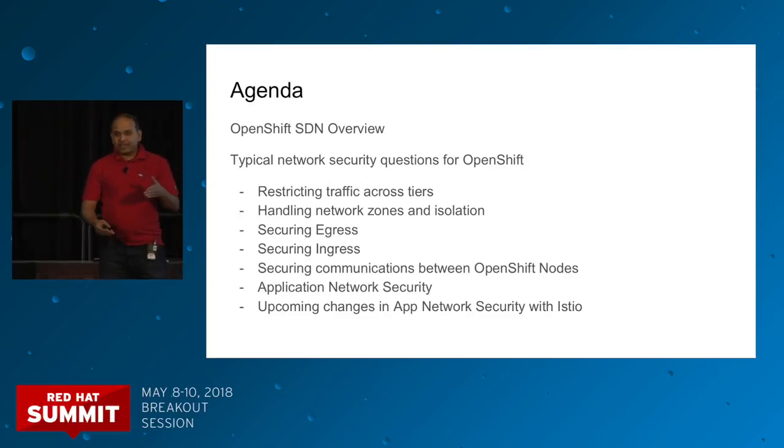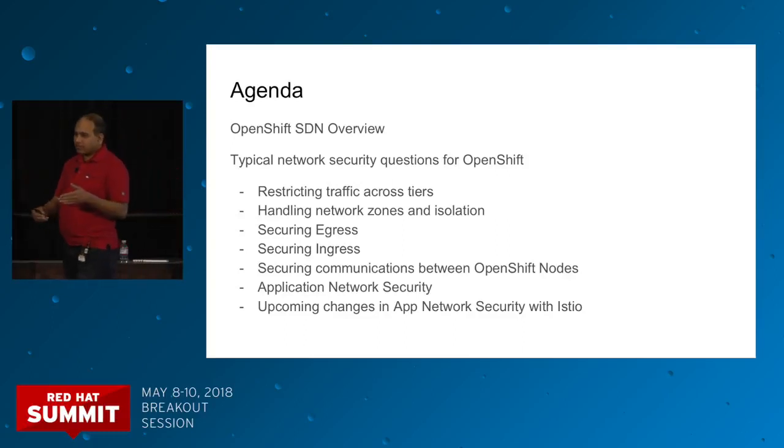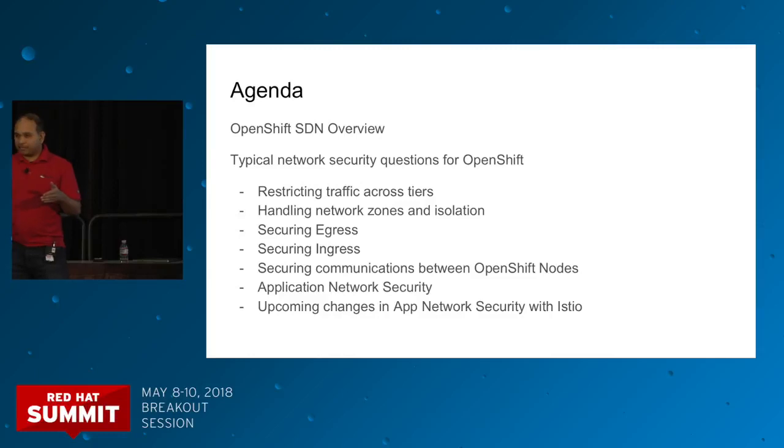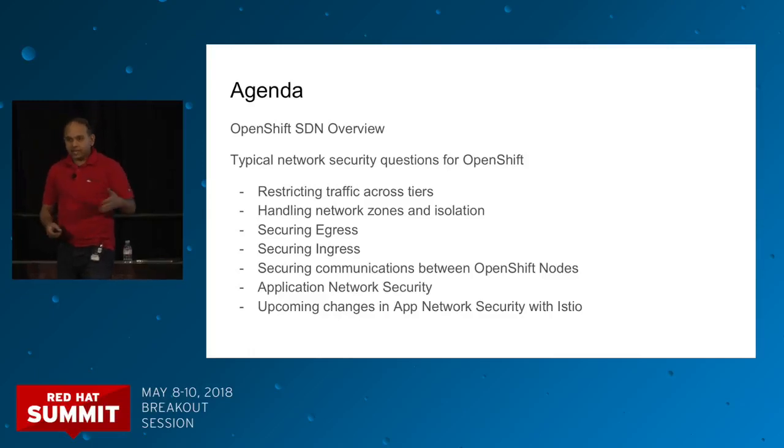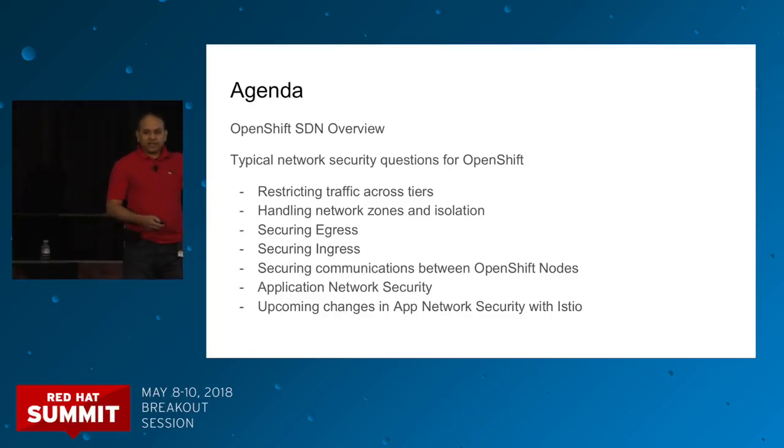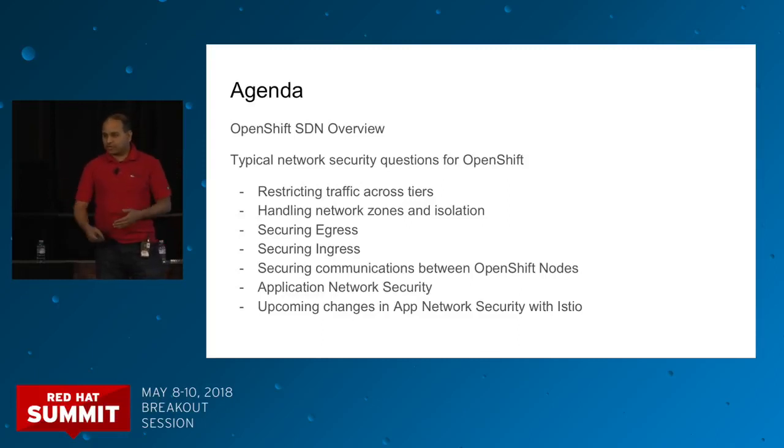And after that, we'll get into typical scenarios. Some of these scenarios might apply to you. These scenarios are derived based on the kind of questions that Shanna and I get asked on a day-to-day basis. So we'll talk about a scenario, the kind of questions that we get asked, and what solutions we have in OpenShift, or how to use solutions around it for OpenShift, right? That's the topic of discussion.